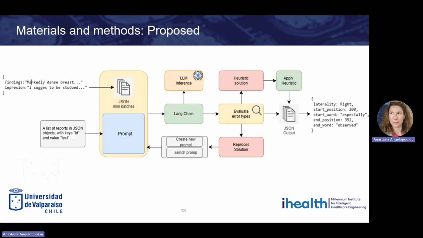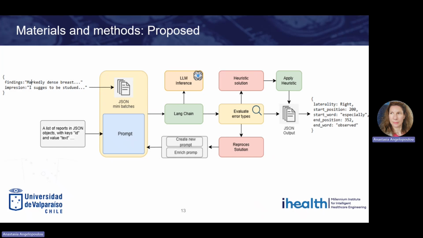This is the typical process. We have the prompts. Then for each report we extract the findings section and the impression section and build a JSON document. We take the prompt and the document and send them to the LLM using a framework for conversing with the model. The output is evaluated by us, searching for typical error patterns, and then we classify the pattern into a heuristic solution or a reprocess solution.